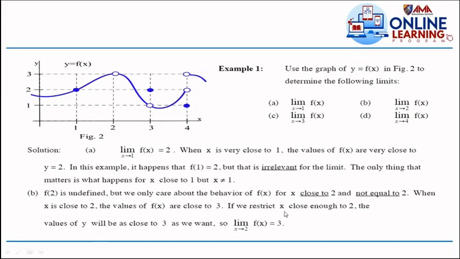If we restrict x close enough to 2, the values of y will be as close to 3 as we want. So therefore, the limit of the function of x as x approaches 2 is equal to 3. Okay? So pag titingnan po natin yung figure po natin, if our x is equal to 2, project it upward and then to the left, your y or your limit is equal to 3.